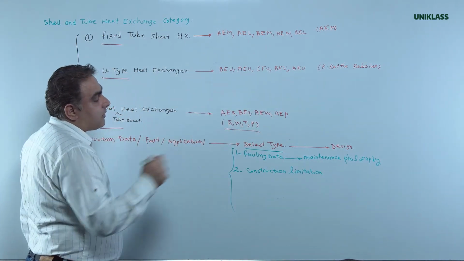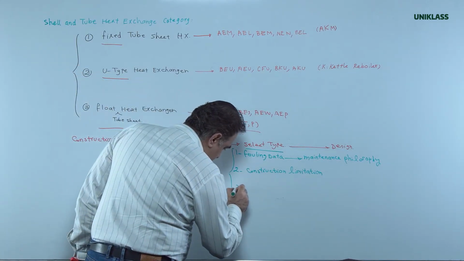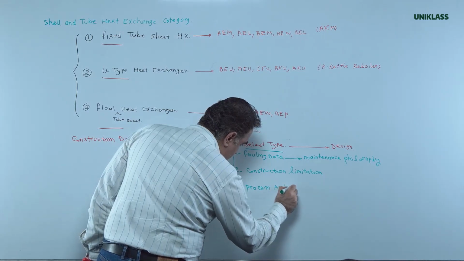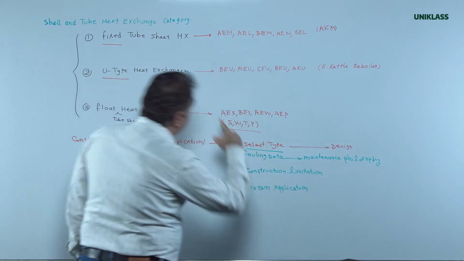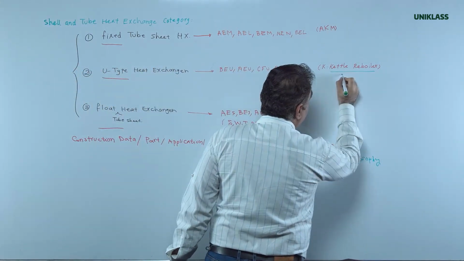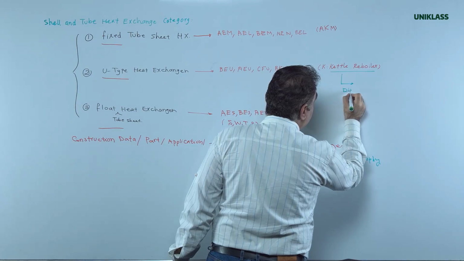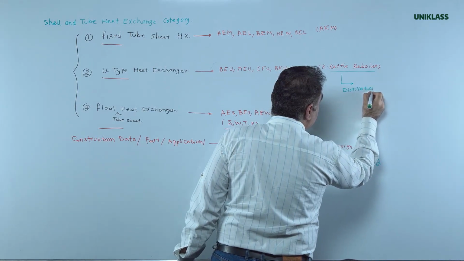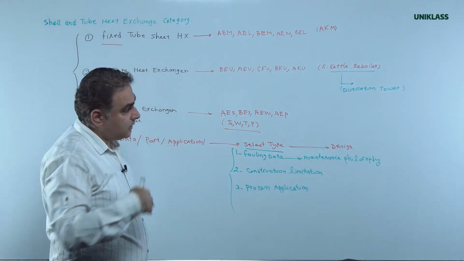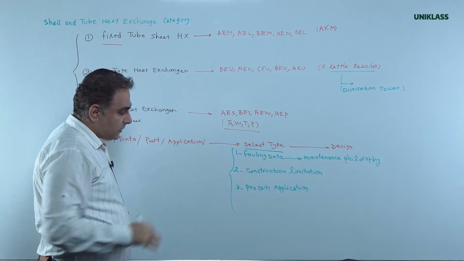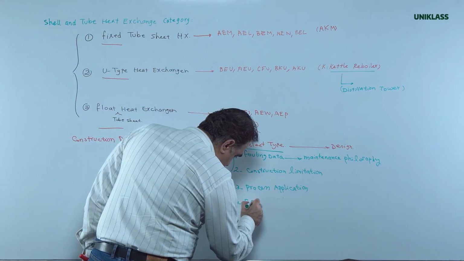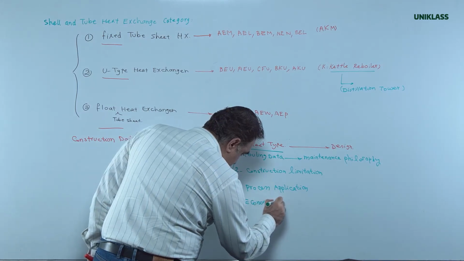Do you have any criteria of construction limitation? Third, process application. Which type of heat exchanger is suitable for our process? For example, a kettle shall be used near the distillation tower for providing the vaporization system and heating system for the distillation tower. Finally, the economic situation.